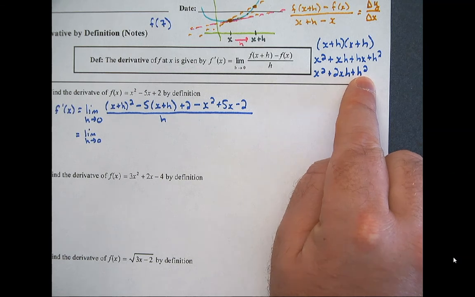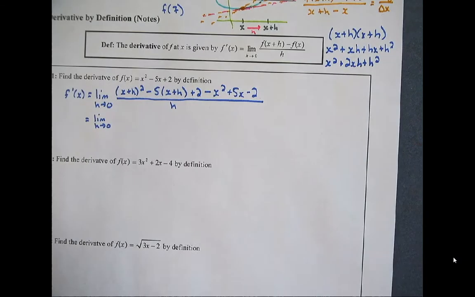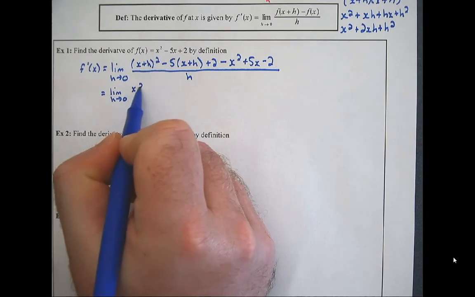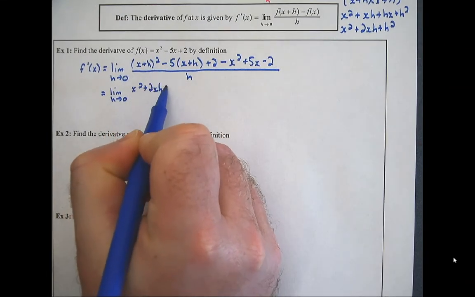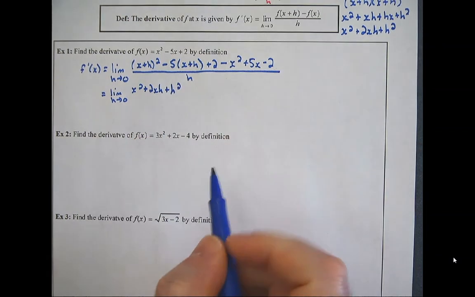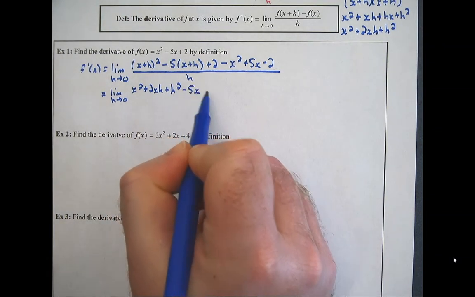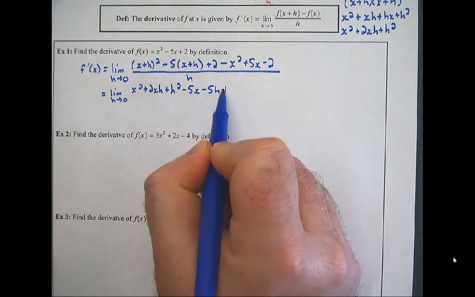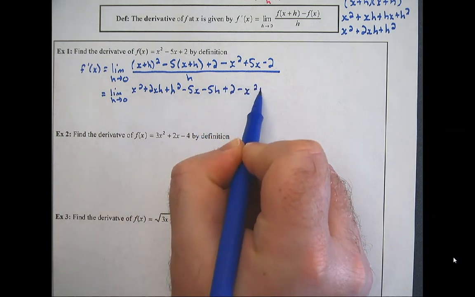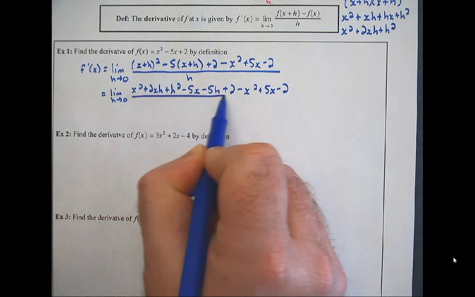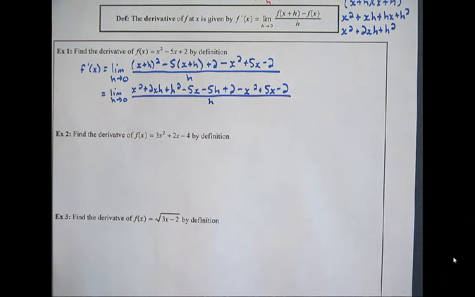So x plus h squared expands into x squared plus 2xh plus h squared. Then I'm going to distribute the negative 5, so that's minus 5x minus 5h. And the rest I'm just going to write now because there's nothing to clean up, all over h.